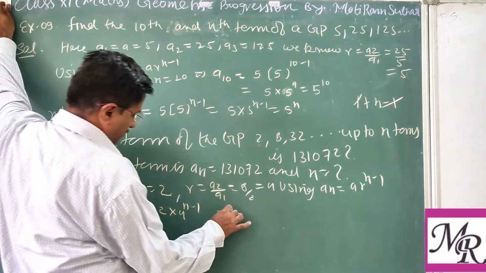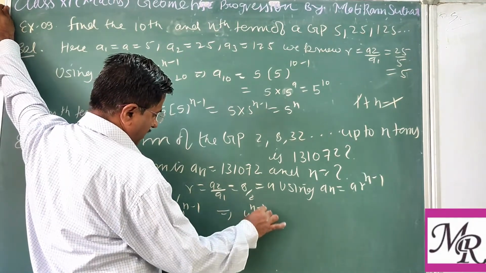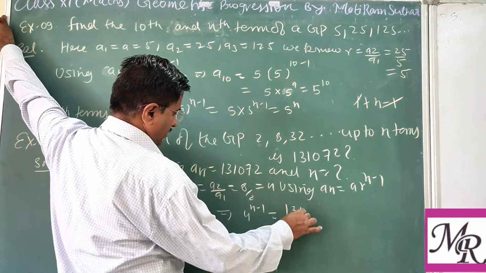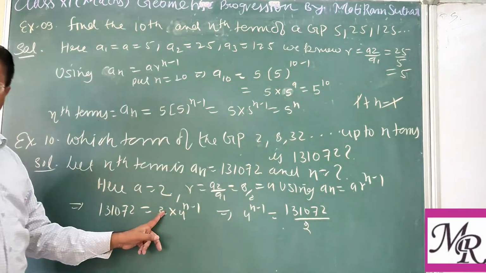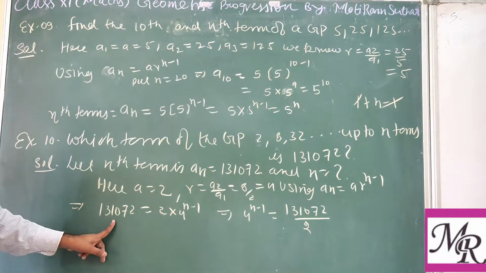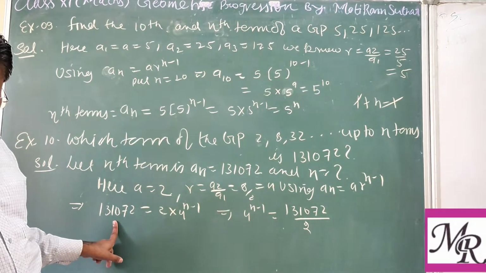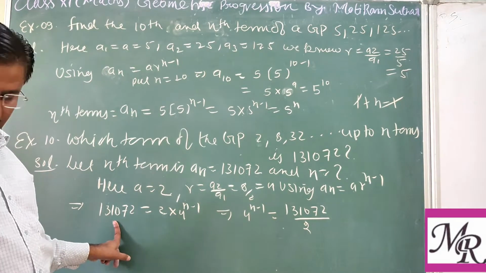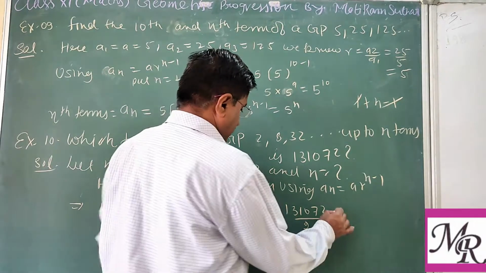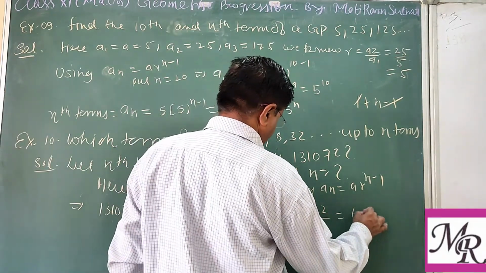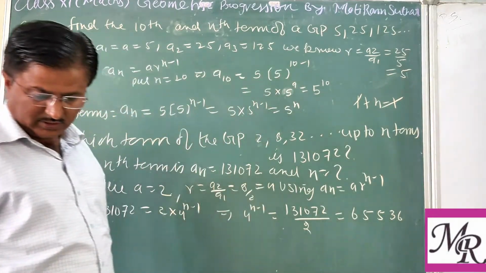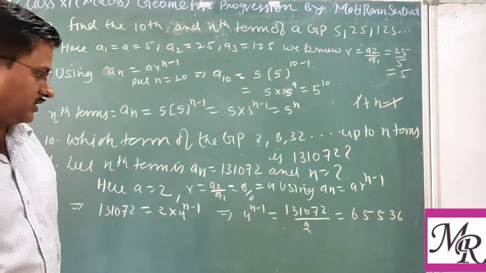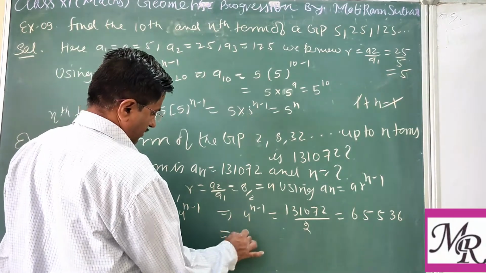So you can simplify this. 4 power n minus 1 equal to 131072 divided by 2. This 2 we transfer to this side, so it will be divided. If you divide this, this will give you 65536. This is 4 power n minus 1.